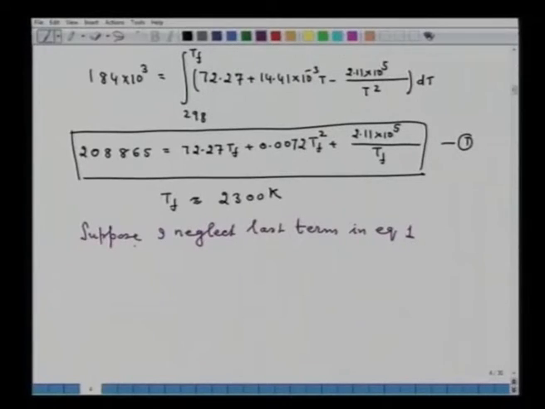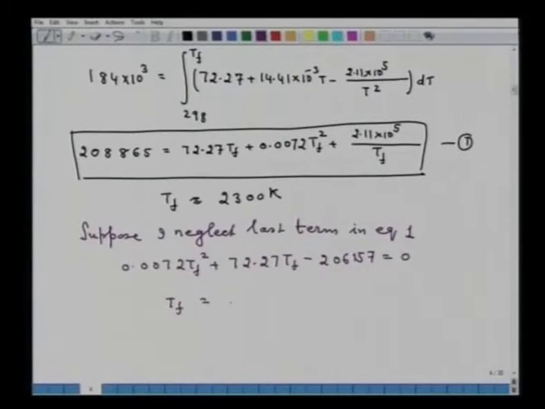In that particular case, the equation becomes a quadratic equation: 0.0072 Tf square plus 72.27 Tf minus 206,157 equals 0. So, you have to resolve equation 1 in order to get this equation.